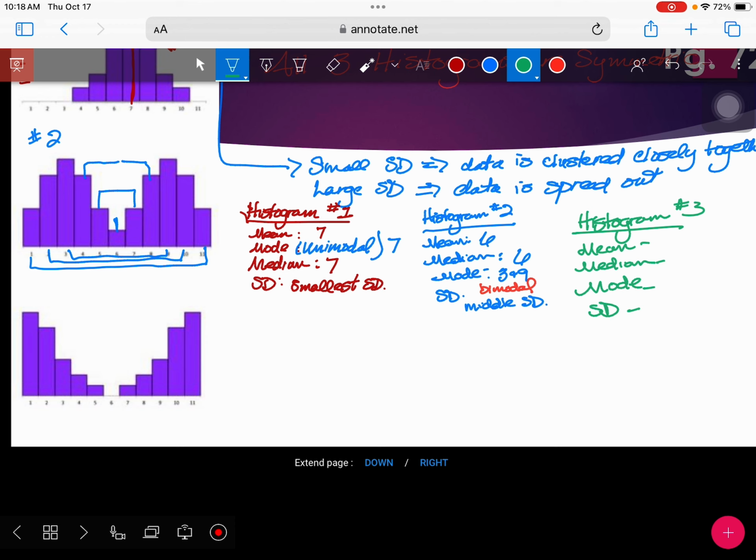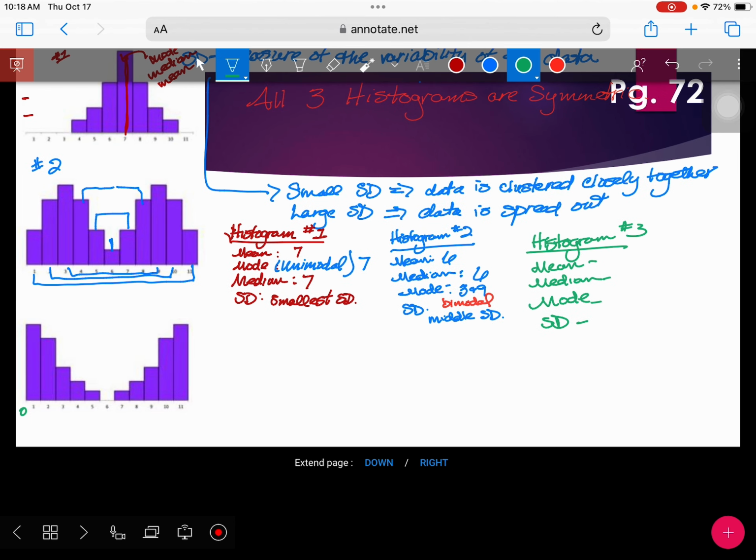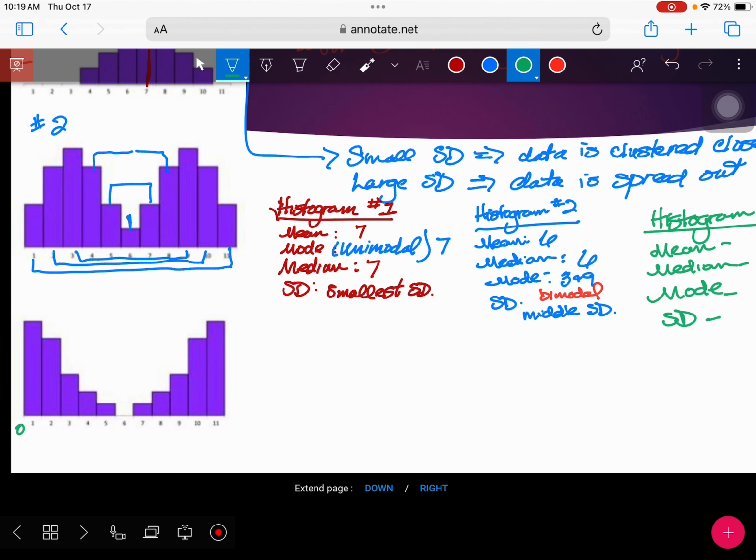What's my median? What is my middle amount? Zero? Well, if I say 0, 0 is right over here, right? Because these are scores, I have to say what score is in the middle. 5, 6, 6, 5.